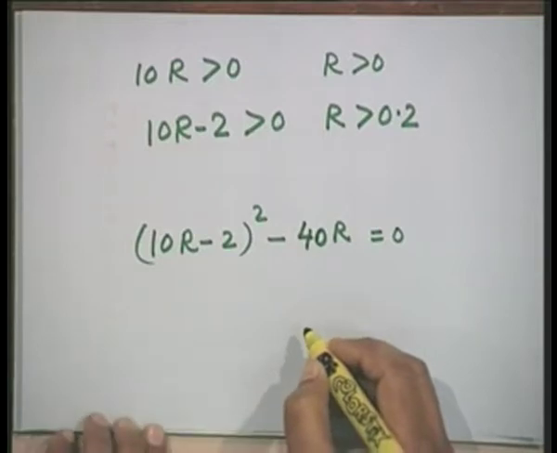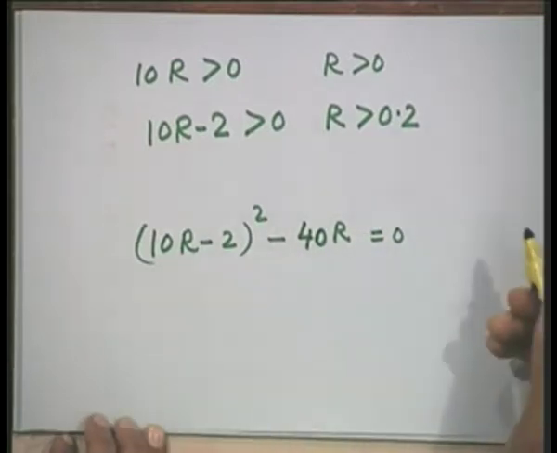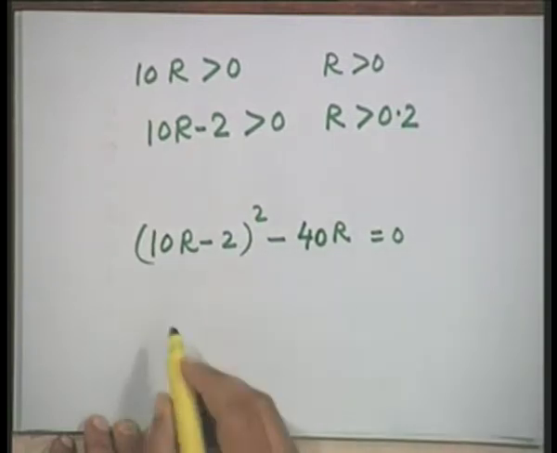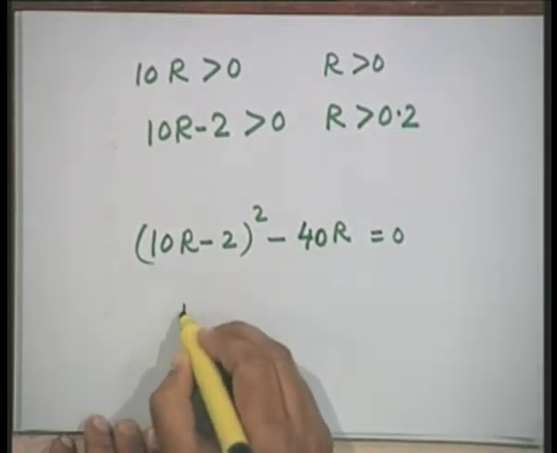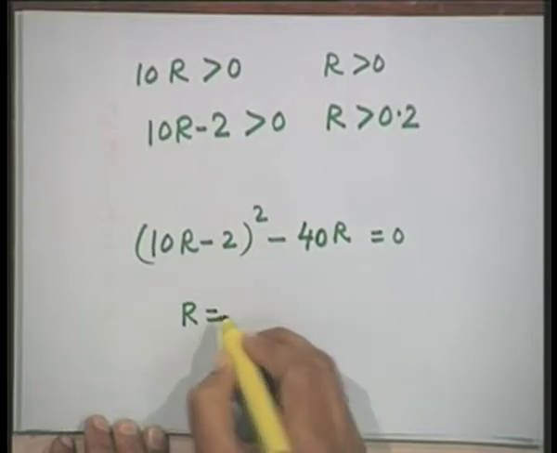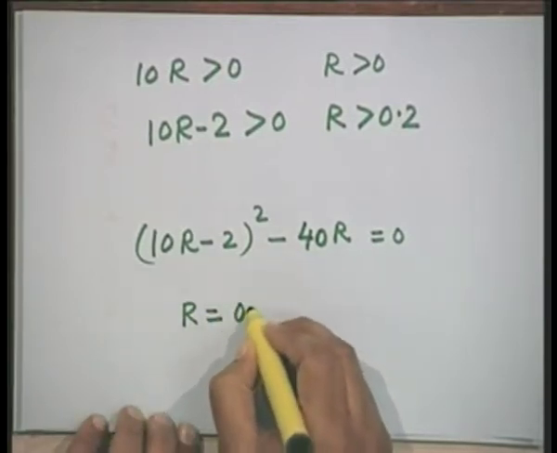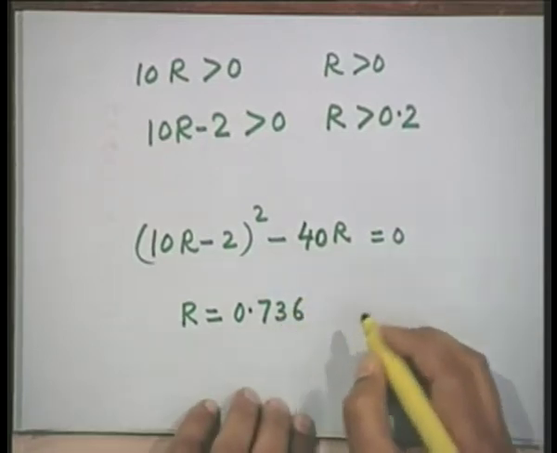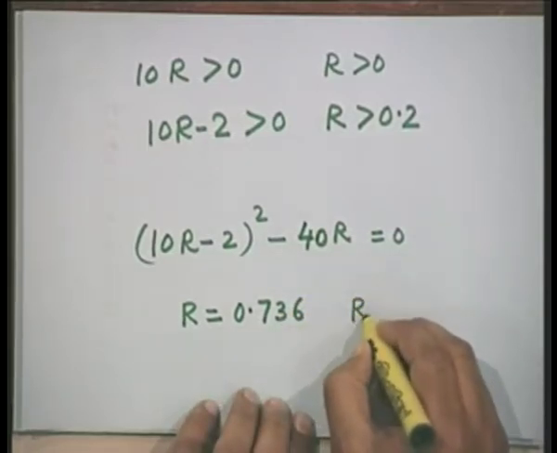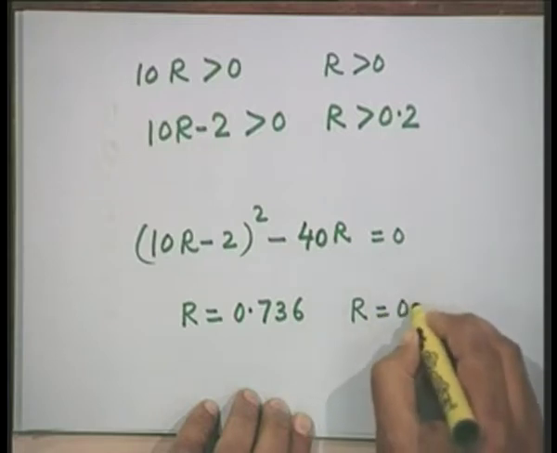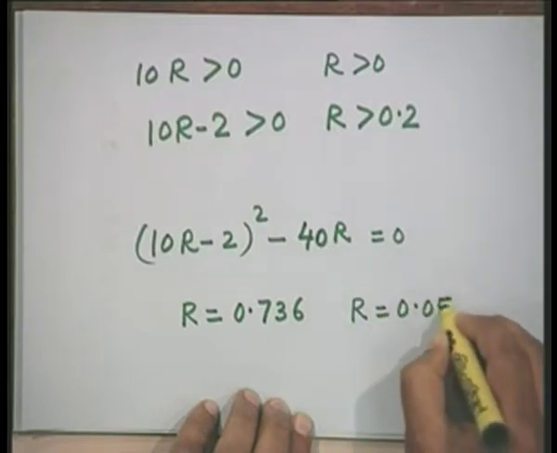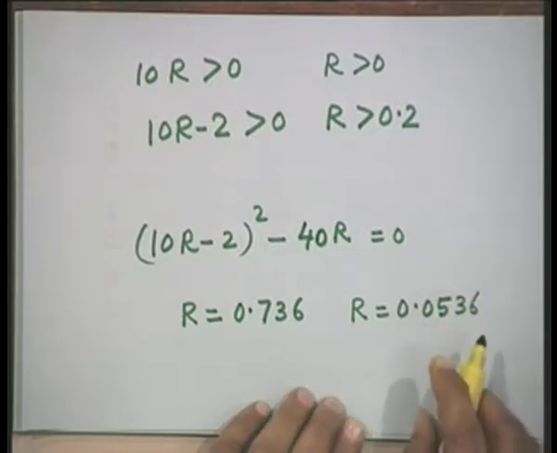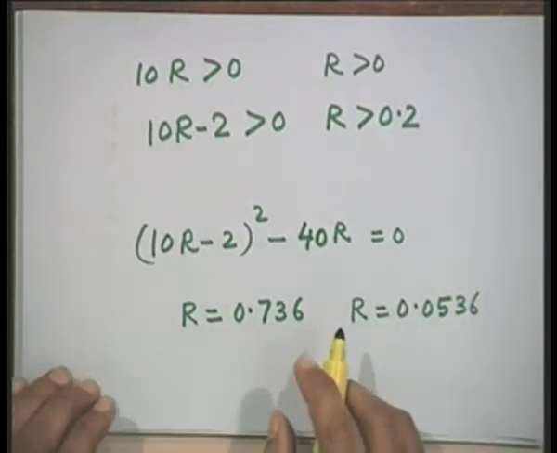That is, B squared minus 4AC should be equal to 0. Now, if you solve this equation, the value of R which is required comes out to be 0.736, and another value of R is 0.0536. It means we get two roots of this equation.